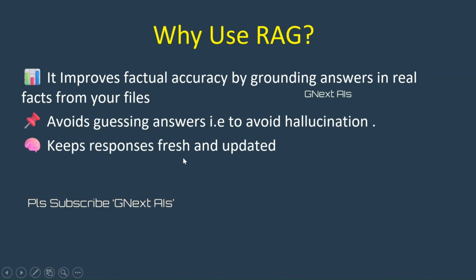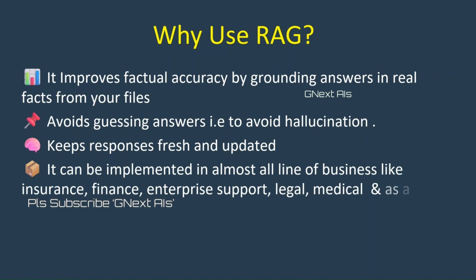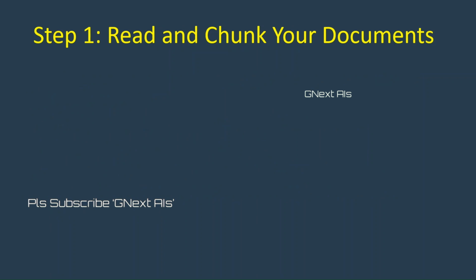It keeps responses fresh and updated. It can be implemented in almost all lines of business like insurance, finance, enterprise support, legal, medical, and as a personalized assistant specific to your need, your project, even your personal life, right? Then what are the steps involved?